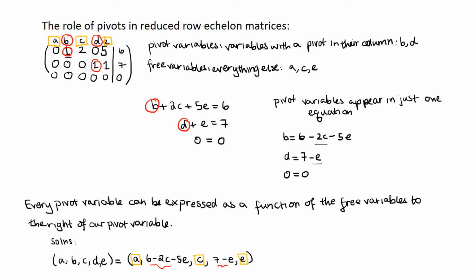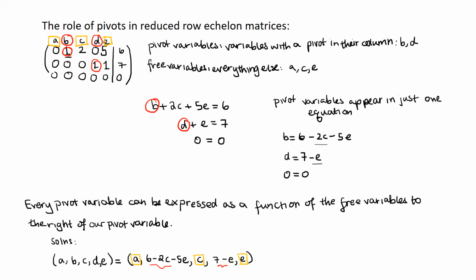Okay, so we had a good question in class about why we would solve for pivot variables in terms of free variables instead of maybe going the other way around. Which variables are pivot variables corresponds to our original ordering of the variables: A should go first, and then B, and then C, and then D, and then E. If we had changed the order of the variables in our original system, we would have a matrix that looked a little bit different.